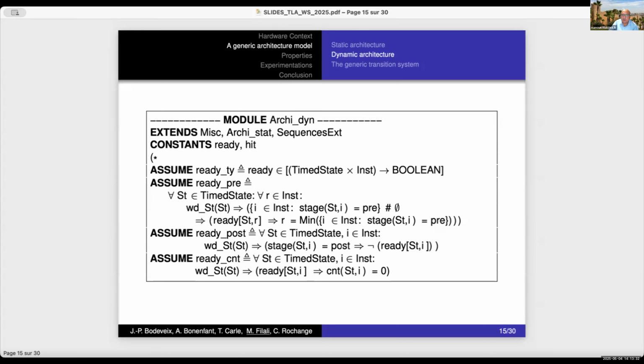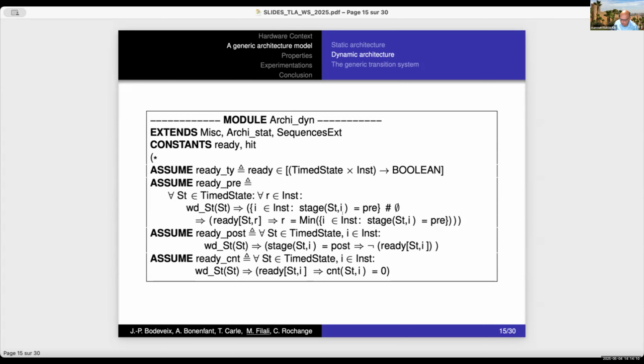For instance, here we state that if the instructions that are in the pre-stage are not empty and there is a ready instruction, then this instruction should be the minimum of the instructions that are in the pre-stage. And we can state this because we have supposed that instructions are totally ordered, so the min is defined because of this order and because the set is not empty.